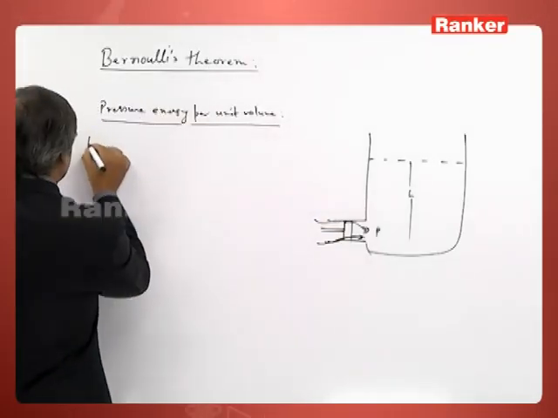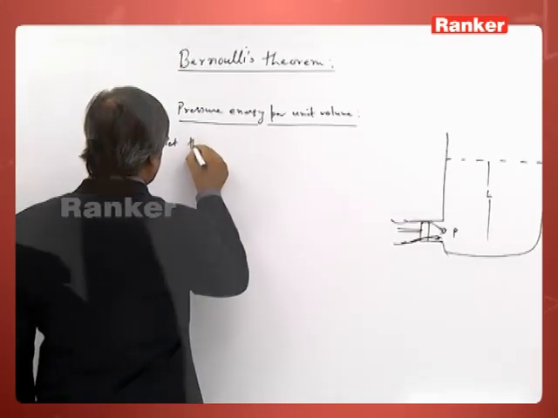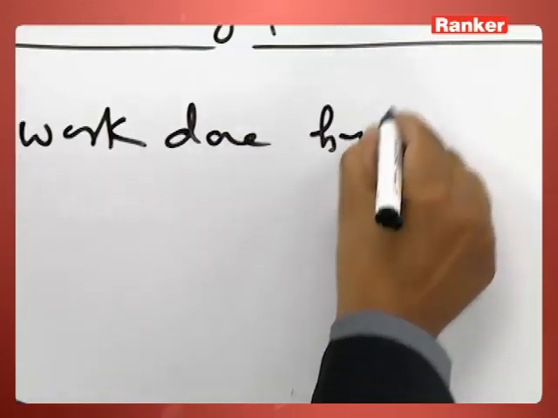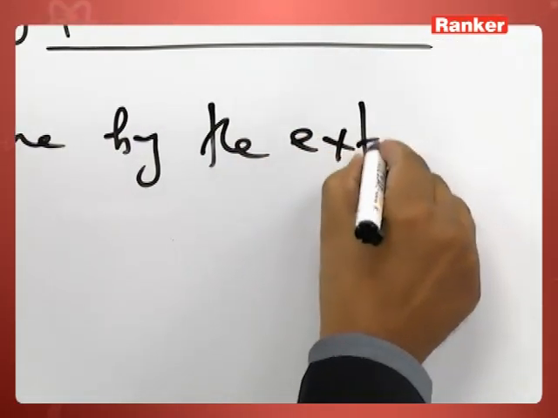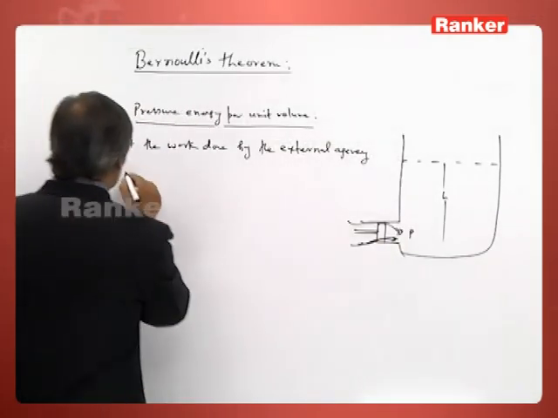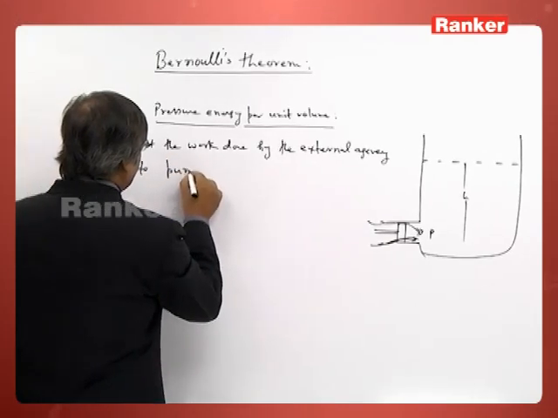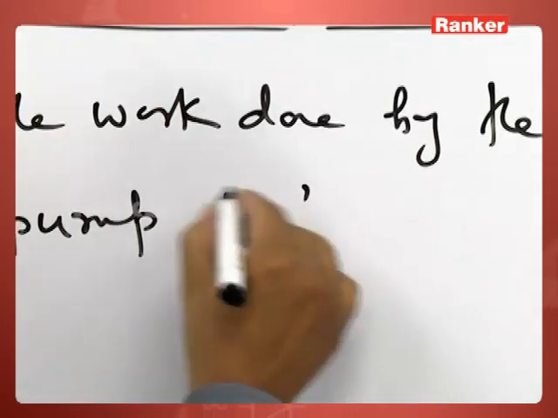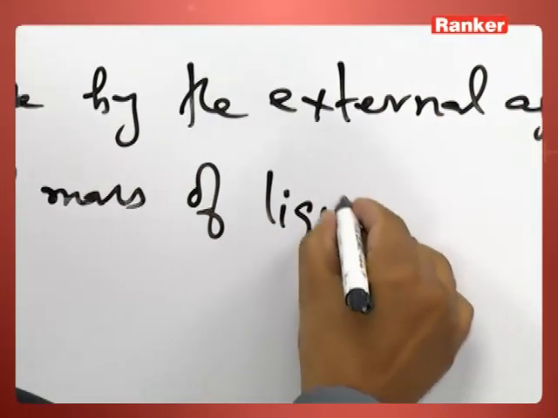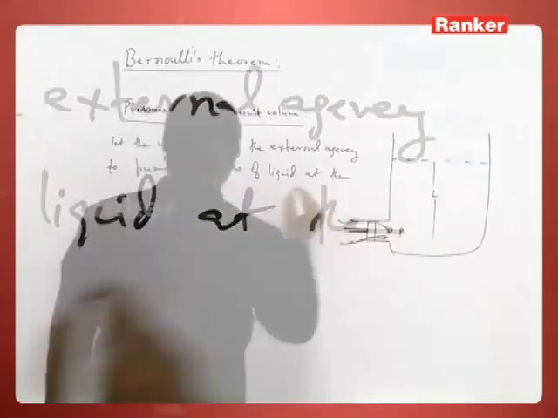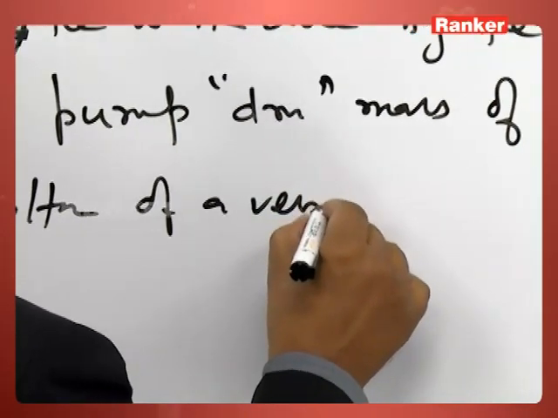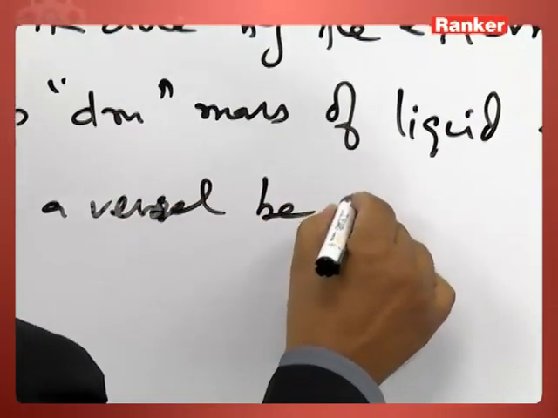So let the work done by the external agency to pump dm mass of liquid at the bottom of a vessel be dW.